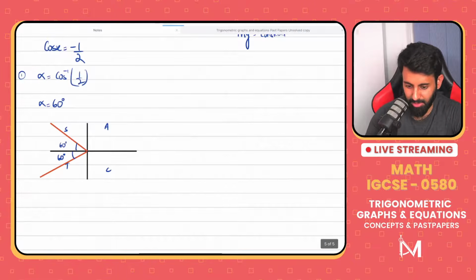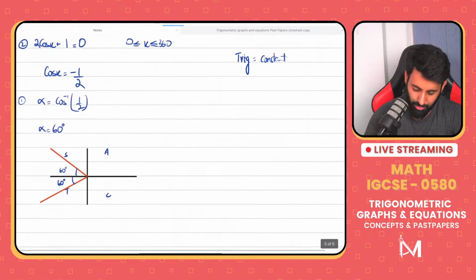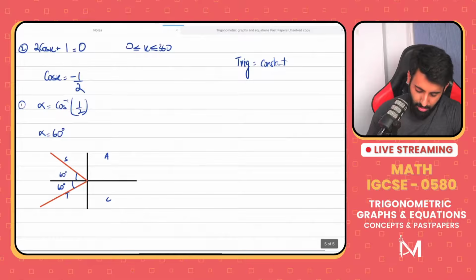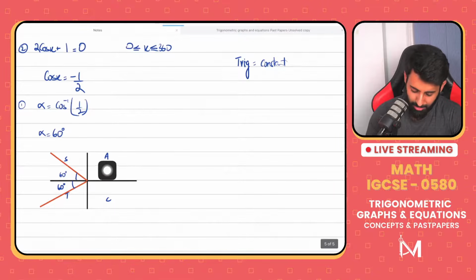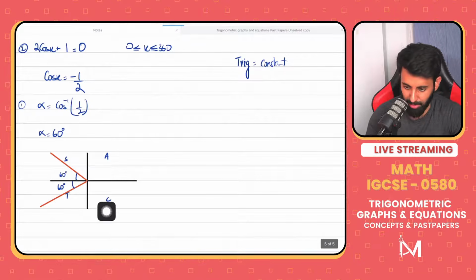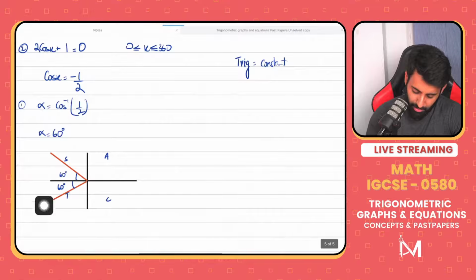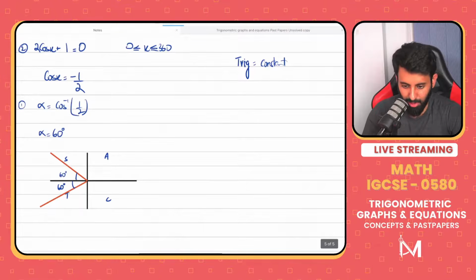Why second and third? Because it's negative. So that means it's going to be in the quadrant of sine and tan. I like to think of them as home ground. This is the home ground of sine, this is the home ground of tan, and this is the home ground of cos. Cos is negative, so it's either in the home ground of sine or the home ground of tan.